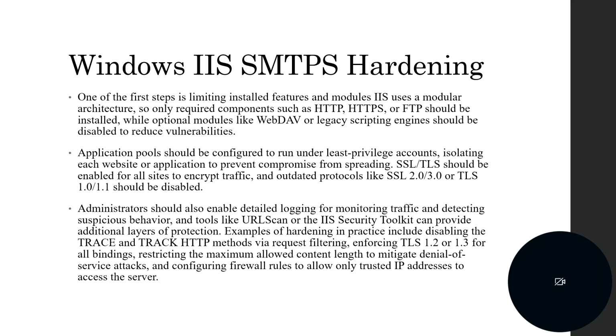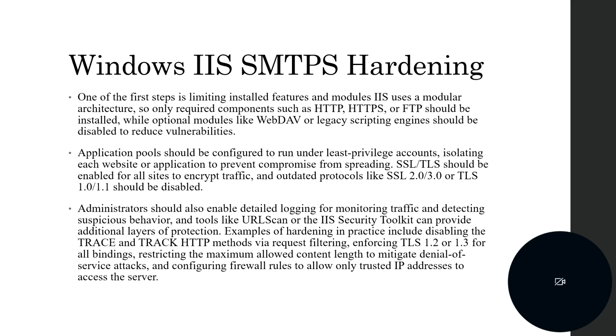So now I'll go over some hardening recommendations for IIS. One of the first steps is limiting installed features and modules. IIS uses a modular architecture, so only required components such as HTTP, HTTPS, or FTP should be installed, while optional modules like WebDAV or legacy scripting engines should be disabled to reduce vulnerabilities.